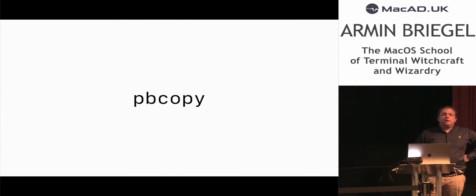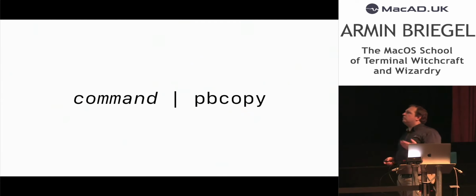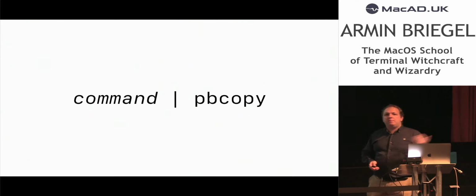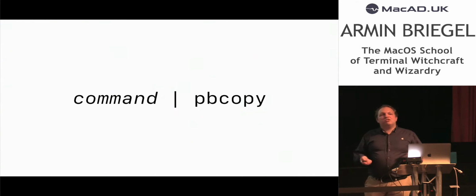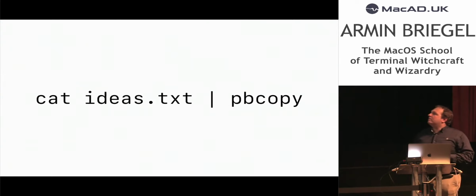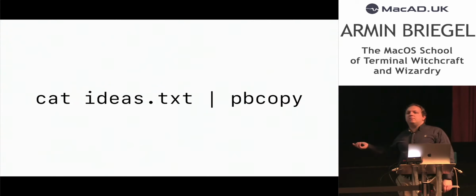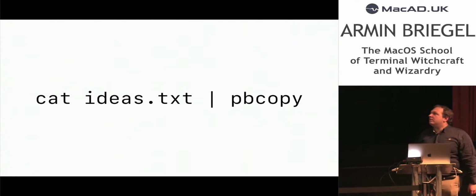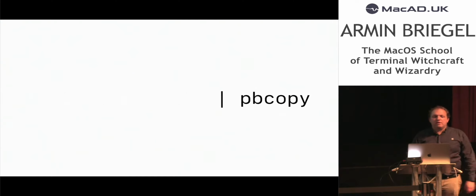pbcopy will take the standard input and put it in the clipboard. As simple as that. So usually you will run some command and pipe it into pbcopy. Probably text. Should technically work with binary information, but that's always a bit dangerous. So I can cat a file and put it into the clipboard. This is, for me, one of the fastest ways of taking a text file and getting it into the clipboard.